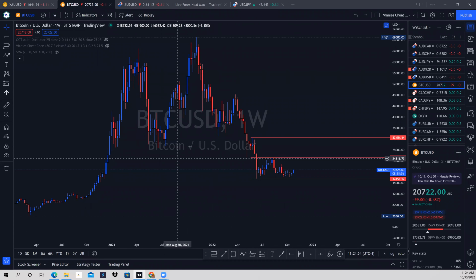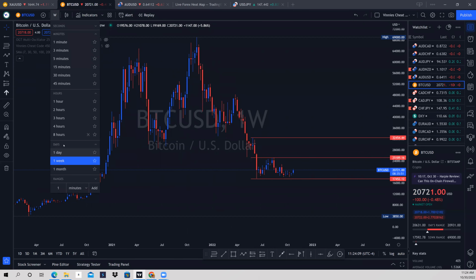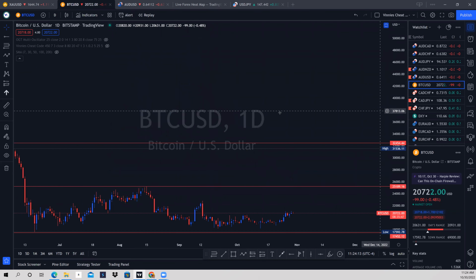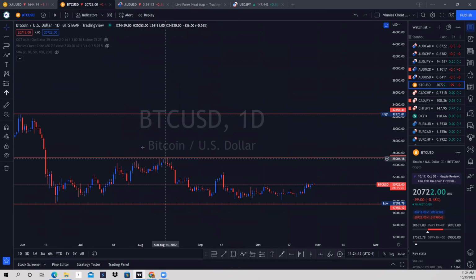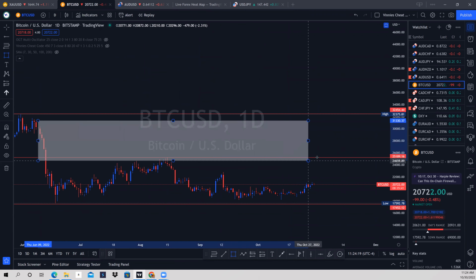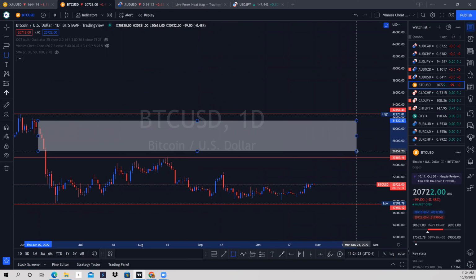On Bitcoin, our sell zone, going back to the daily time frame, would be in this area here. We're looking for price to get into our sell zone. In the meantime, we could buy Bitcoin until it gets to our sell zone.